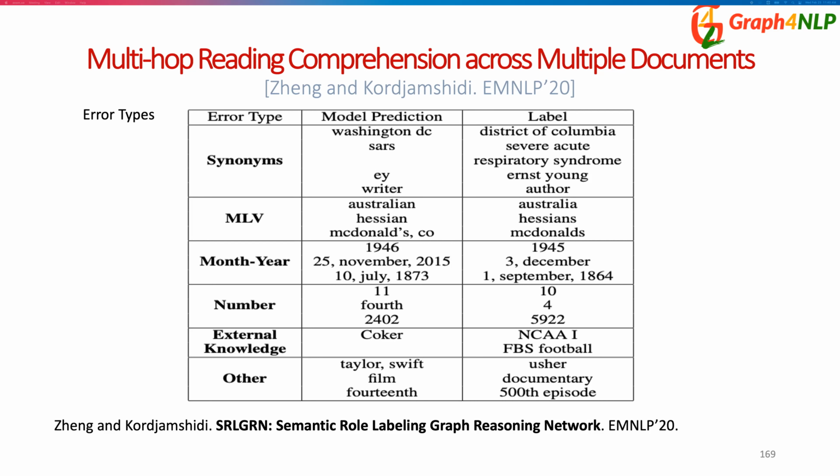I think there is a lot of room for improvement, but the basic idea, based on the work we have seen so far, is that the quality of the graph matters a lot. The more we can improve the quality of the graph, the more likely the graph will improve the downstream task of machine reading comprehension.